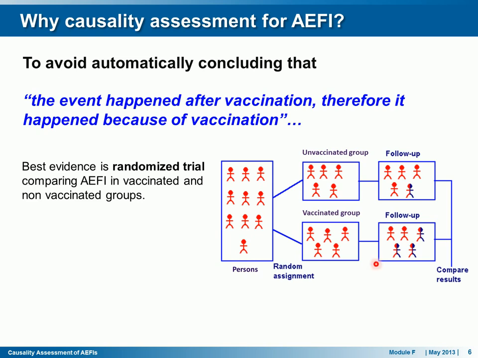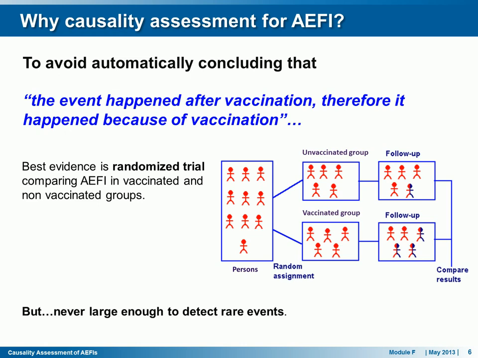If the occurrence of adverse events in the vaccinated group is greater than the number of events in the unvaccinated group, then we can say that there is a causal relationship between administering the vaccine and the occurrence of adverse events.